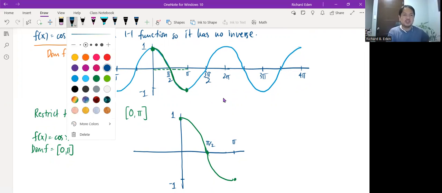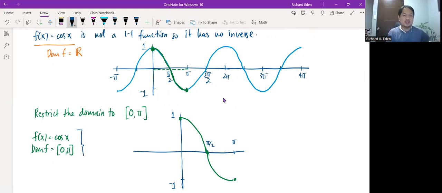Now this function is 1-to-1. This has an inverse. Ito ang merong inverse. Okay, because this is 1-to-1. And because it has an inverse, then we can identify that inverse. That is then the arc cosine function or the cosine inverse function.